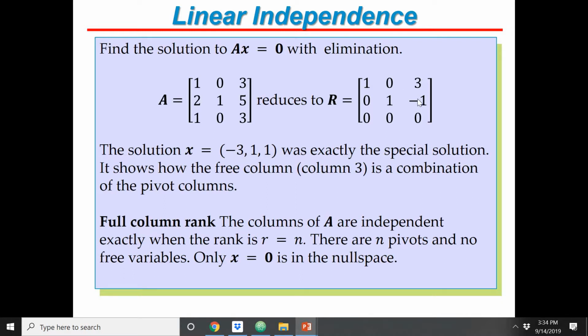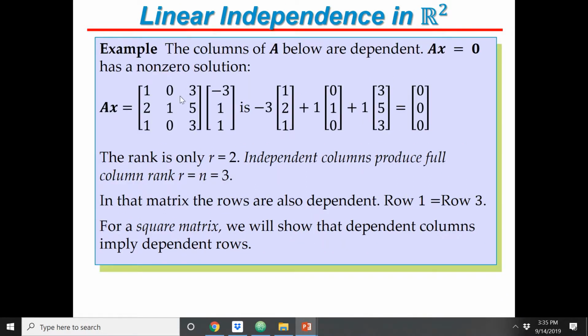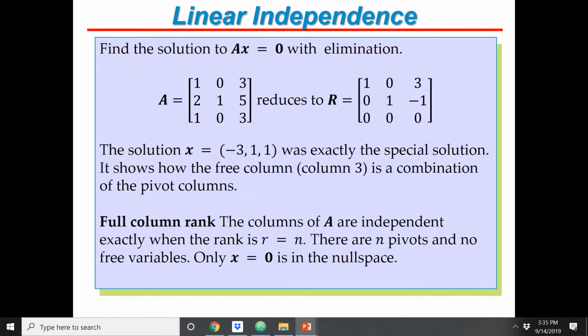You remember, you need to reverse the signs of this F matrix here, so it becomes -3, 1, and we only have one free variable, so we set it equal to 1, and that's the solution to the null space that we identified by just looking carefully at the columns of this matrix A. Okay, so elimination, again, is the best way to test the independence of vectors for any size of matrix, square or not.